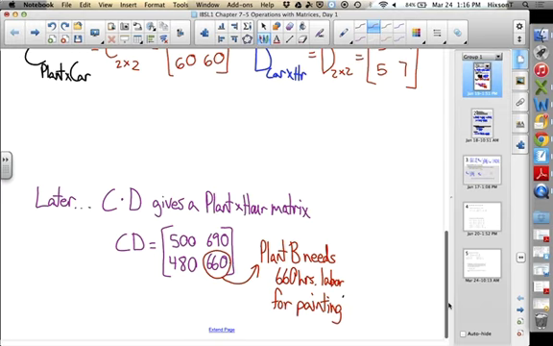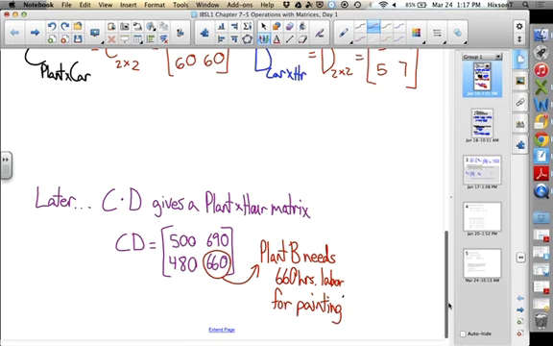But when you get 660 right here, this is a plant by hour matrix. So this is plant B, and this is hours painting, right? So at our assembly plant B, we need to make sure we have enough guys so that we can do 660 hours worth of painting every week, if these are weekly numbers.